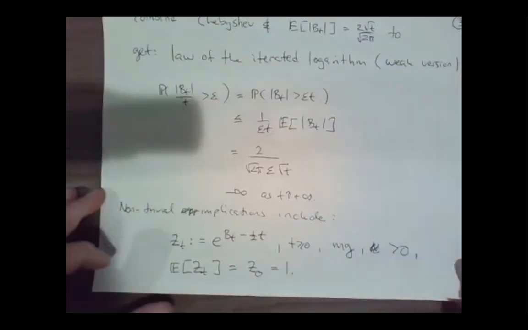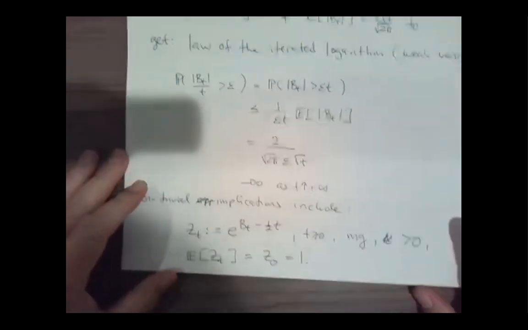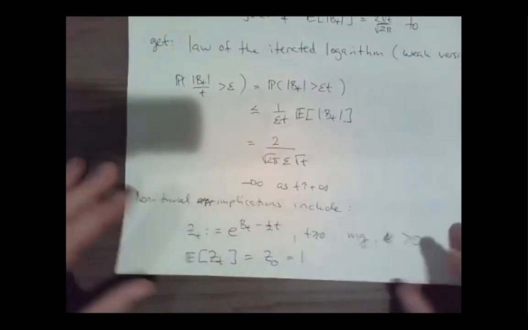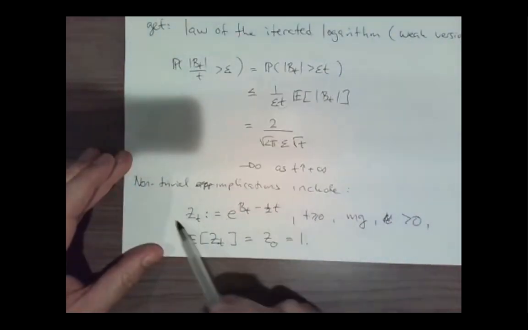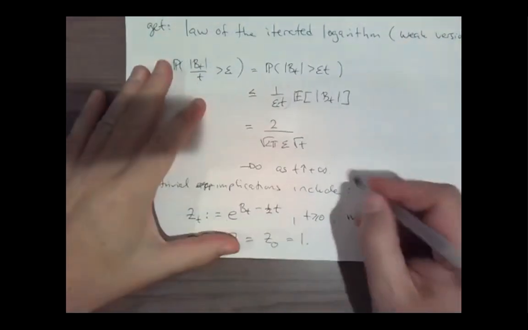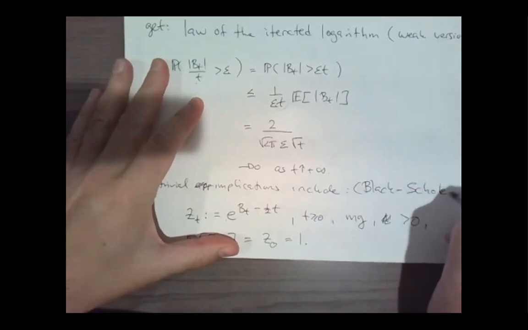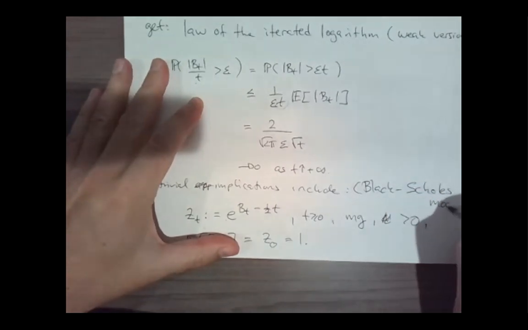Okay, so let me just back up a little bit. I'm really interested in studying this stochastic process because it comes up in the Black-Scholes model. It doesn't look like it, but this is really a Black-Scholes model.